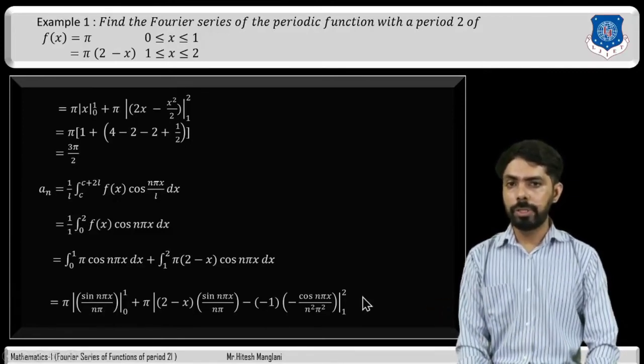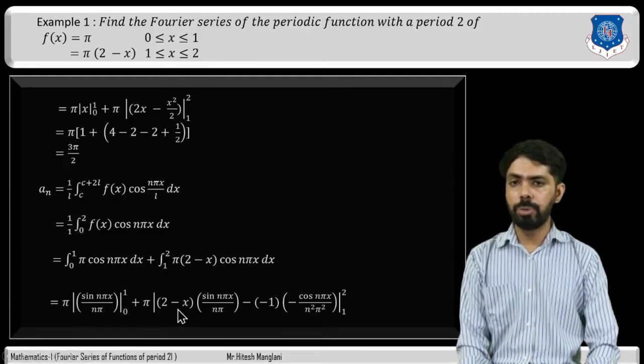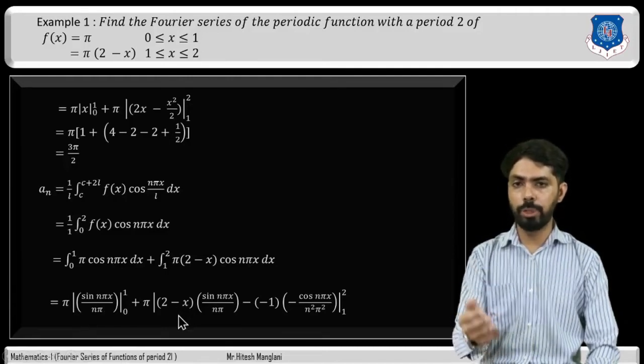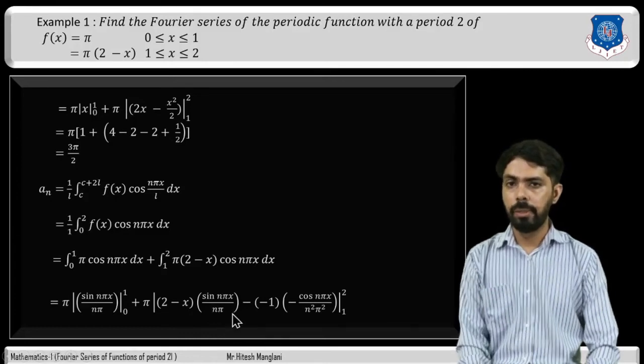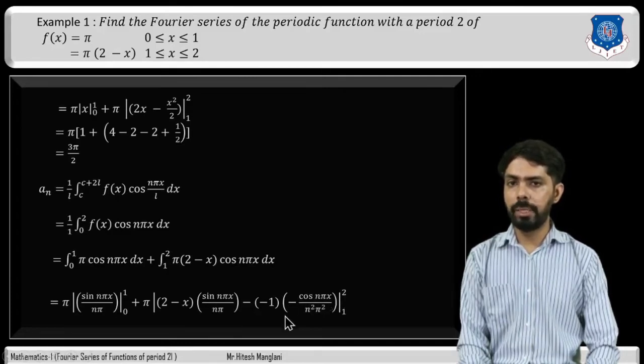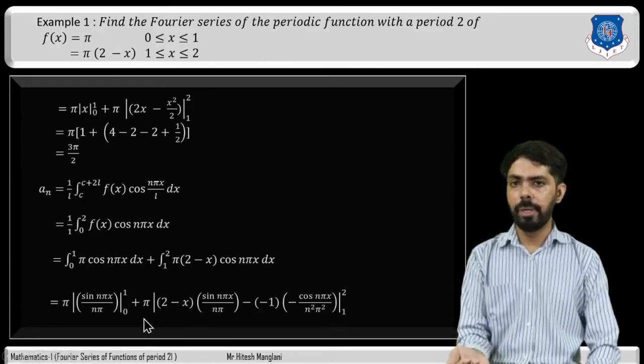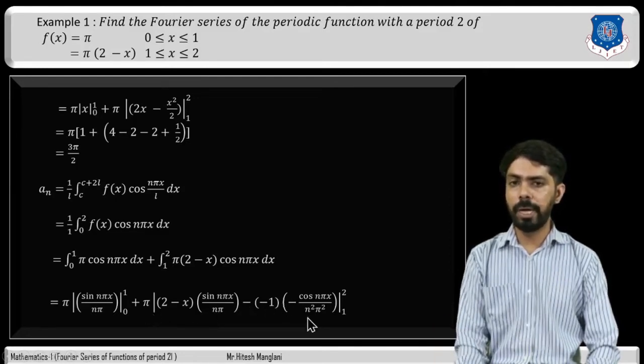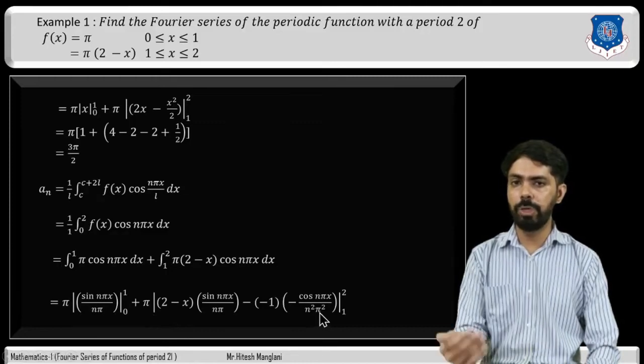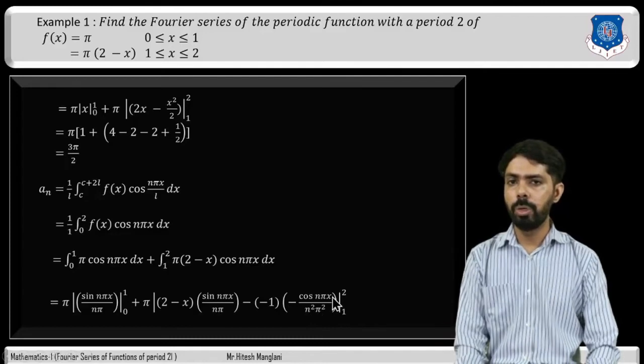Now here first of all we will replace x by 2, so here 2 minus 2 will be 0, so no need to write down this term. So here if we replace x by 2 then it will be cos 2n pi, and here minus minus minus, so it will be minus, then minus multiplied by minus 1 multiplied by pi, so it will be minus pi divided by n square pi square.